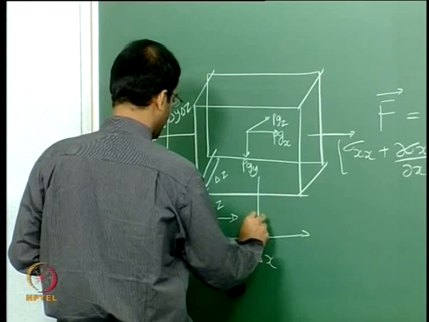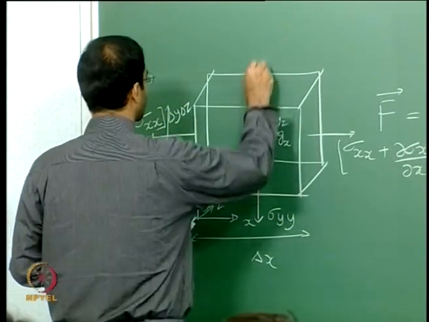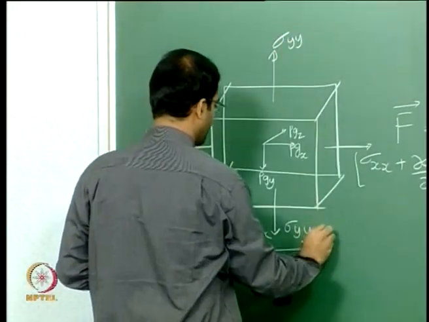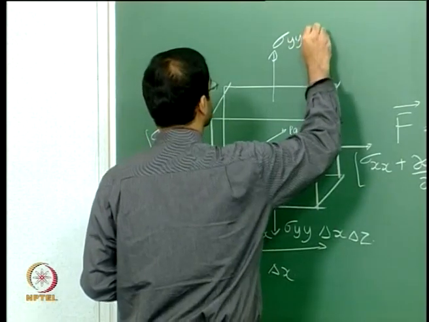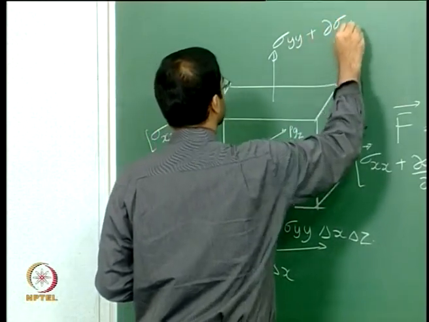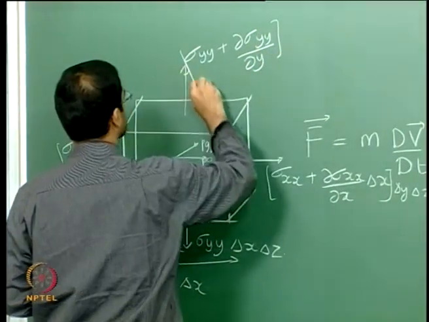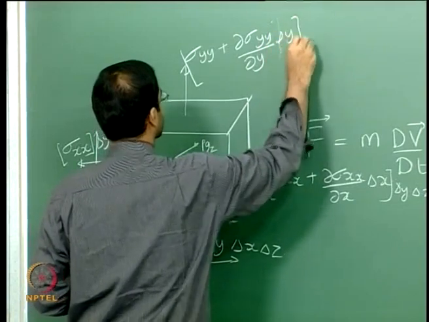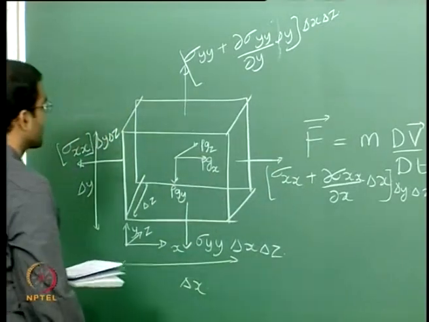Similarly we have sigma yy, this is sigma yy delta x delta z, and this is sigma yy plus d sigma yy by dy, into delta x delta z.